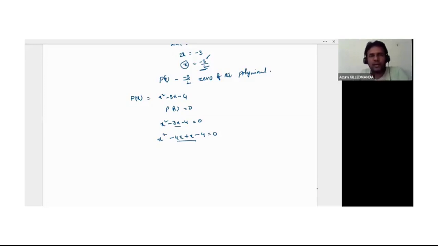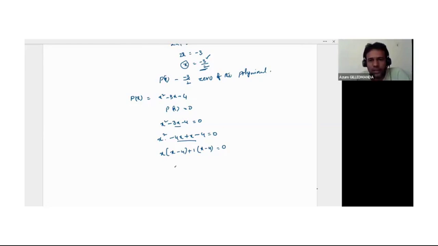So that way I can take x as common here. If I take x common from the first two terms, this becomes x minus 4. And then in the last two terms, if I just take 1 as common, then it is x minus 4. So I am trying to find the roots or the factors for this polynomial.